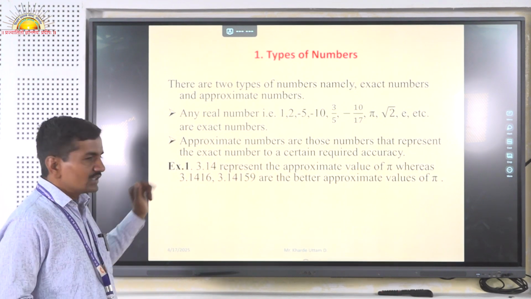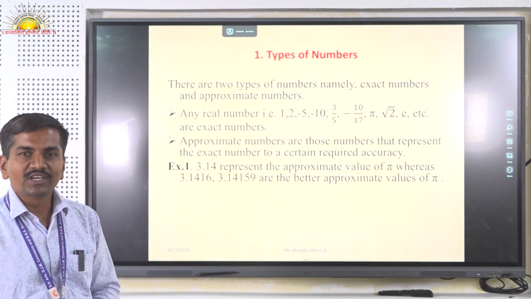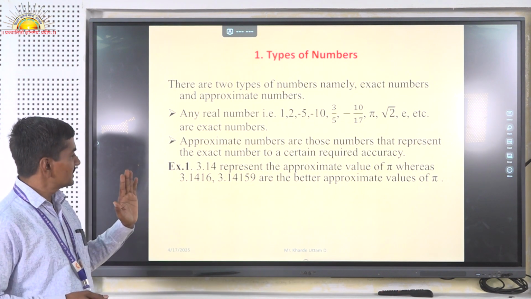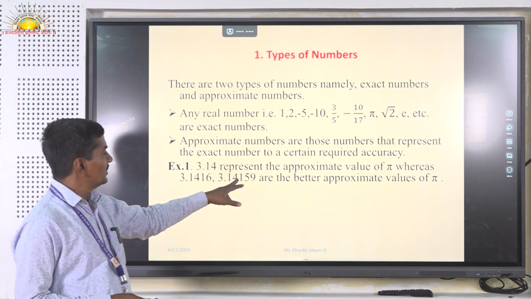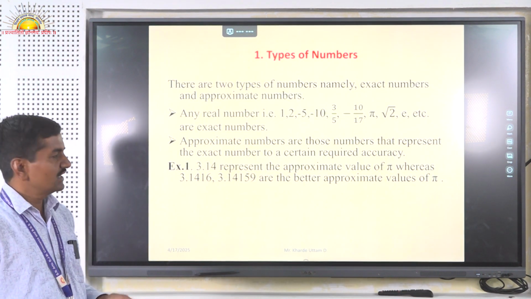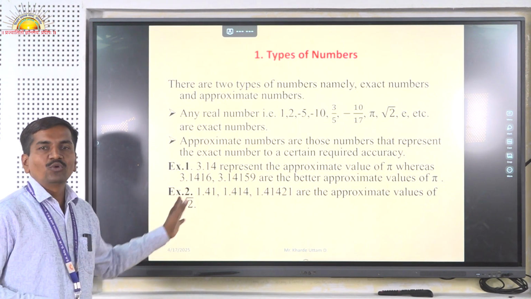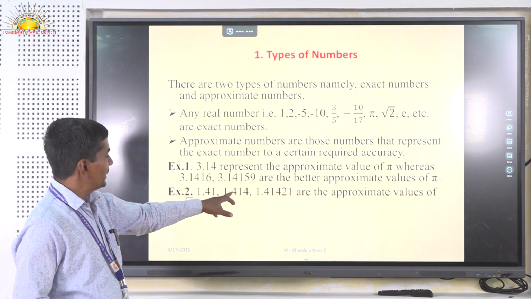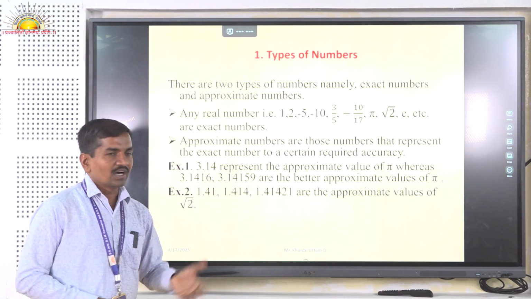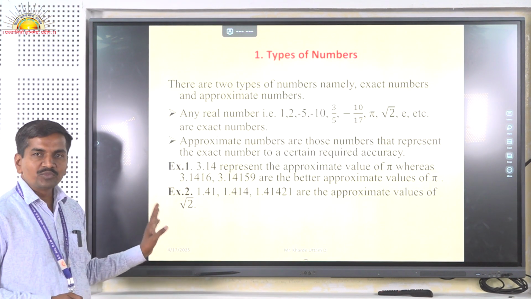For example, 3.1414 represents the approximate value of the exact number pi, whereas 3.1416 as well as 3.14159 are better approximations of pi. Another example: 1.41, 1.414, and 1.414221 are approximate values of the real number square root of 2.